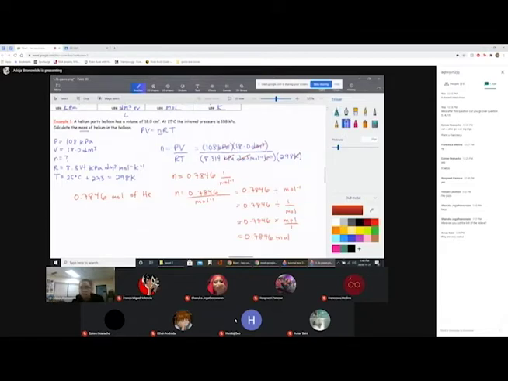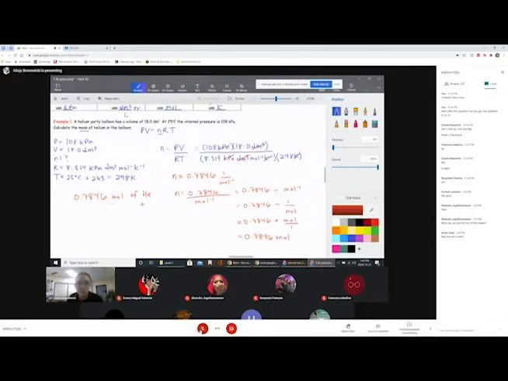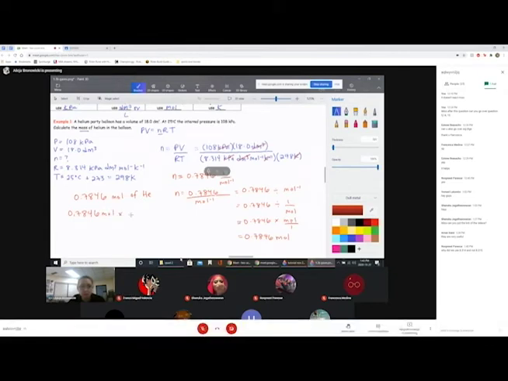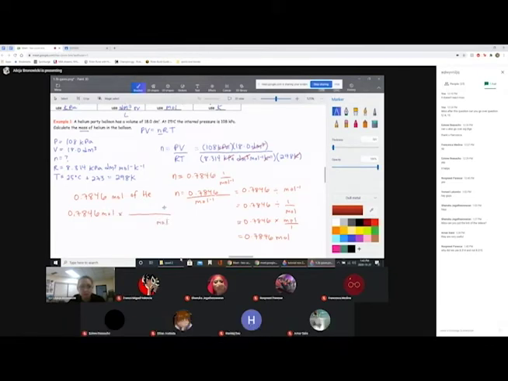My question doesn't want moles, my question wants grams. So what do I do to turn this into grams? I'm taking out my periodic table. That should be a hint. Okay, so moles to grams. I wanted to cancel my moles. So for helium, it's 4 grams per mole.